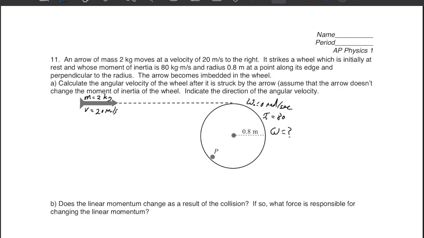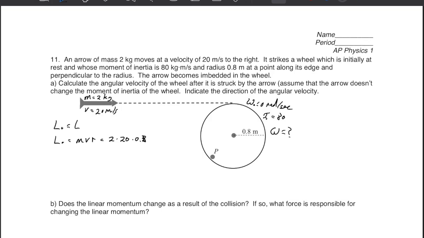So we can say that the initial angular momentum is equal to the final angular momentum. The initial angular momentum would be based on the MVR of the arrow because the wheel's not moving. And then the final angular momentum will be based on the I omega of the wheel, system.